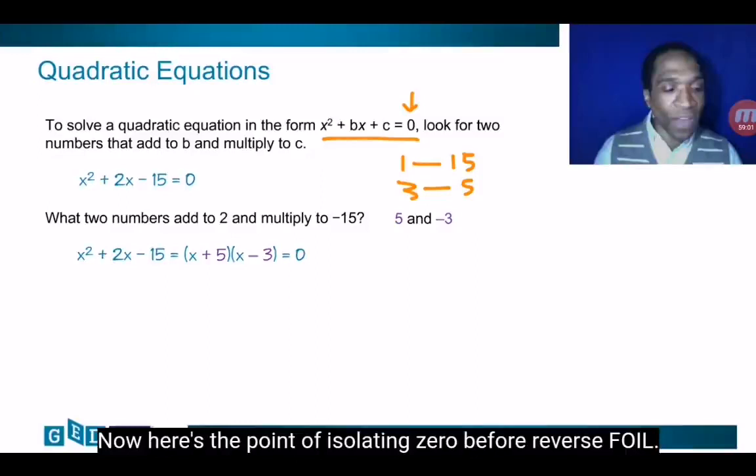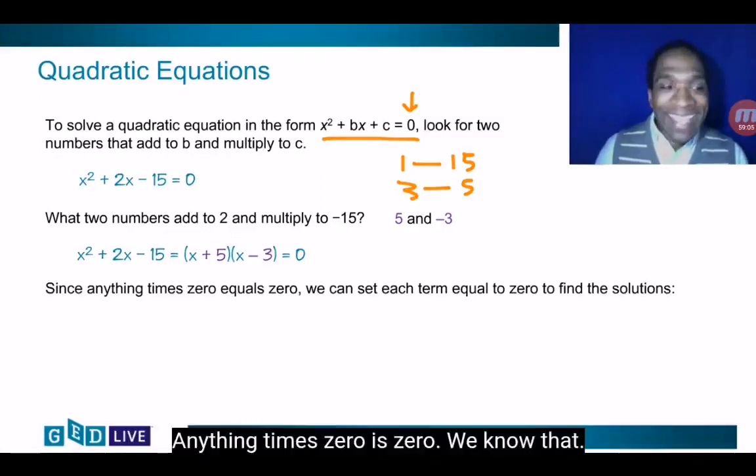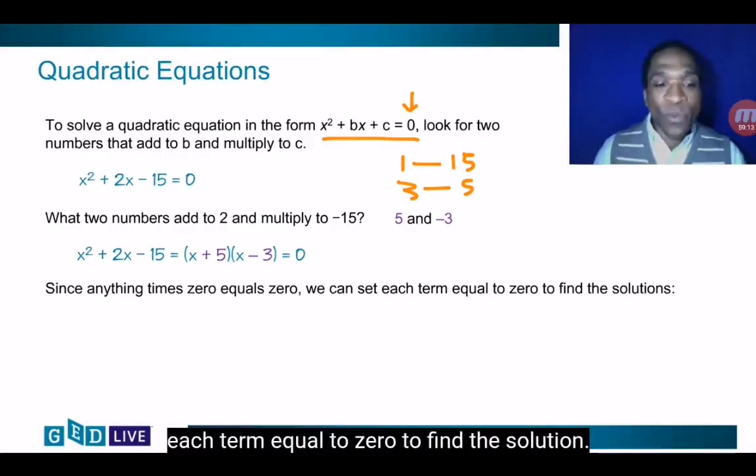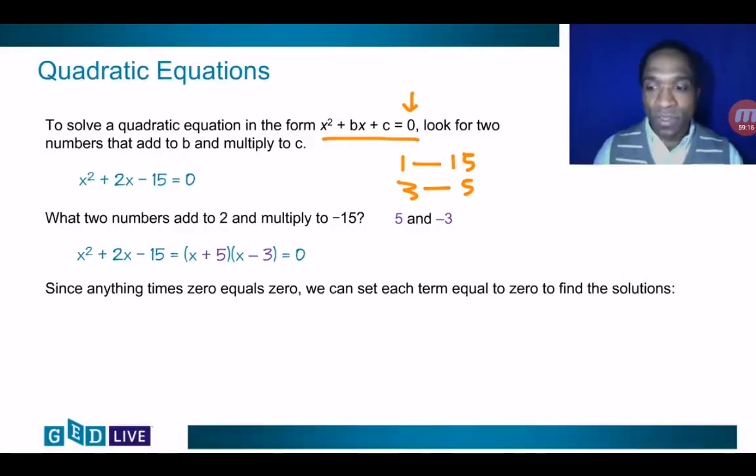Now here's the point of isolating 0 before reverse FOIL. Anything times 0 is 0. We know that. So by isolating 0, we can set each term equal to 0 to find the solutions.